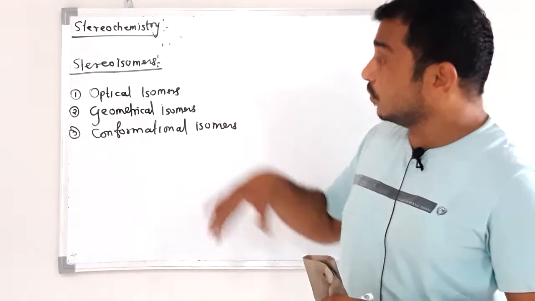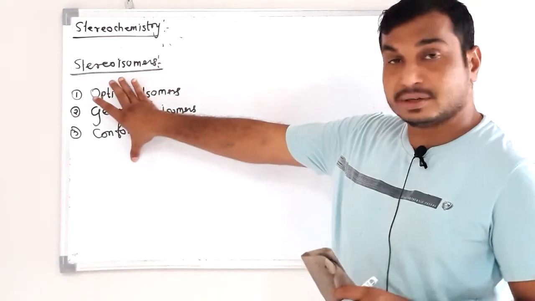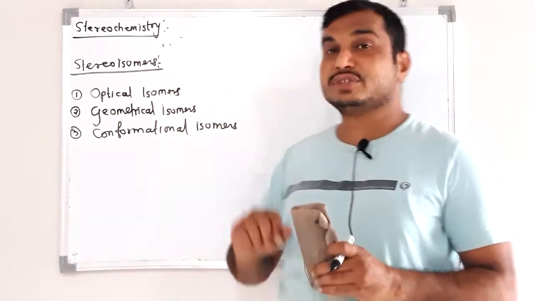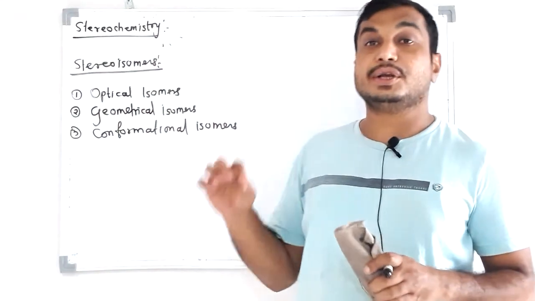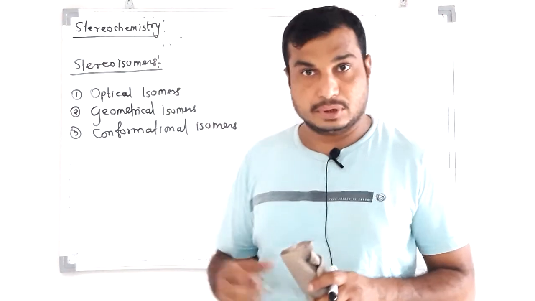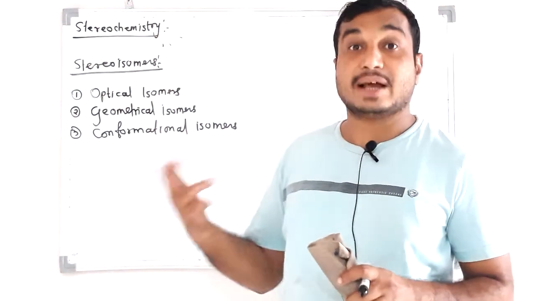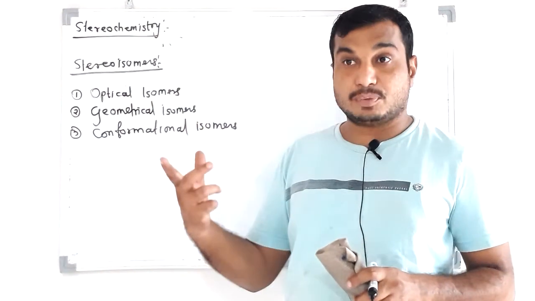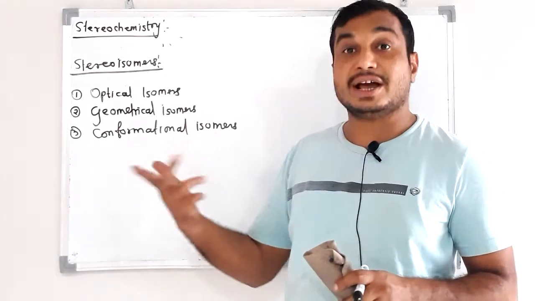Before starting this topic, I want to explain different representations of organic compounds, organic molecules: how an organic molecule is represented, and how the structure of carbon is present in three-dimensional structure.